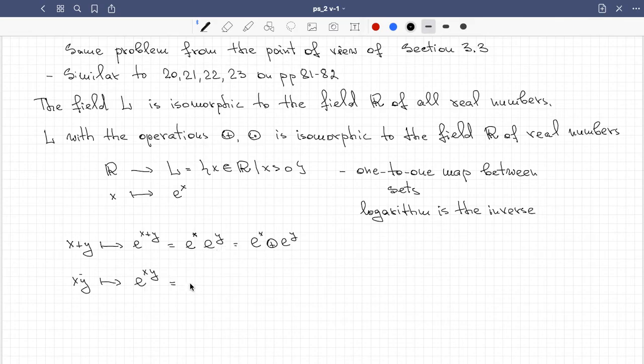Now here I write that this is e to the log e to the x, this is x, times log e to the y, this is y, which is now, by our definition, the usual multiplication of real numbers with these new labels for them.